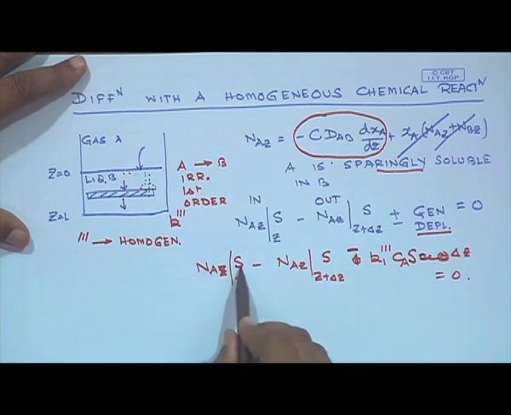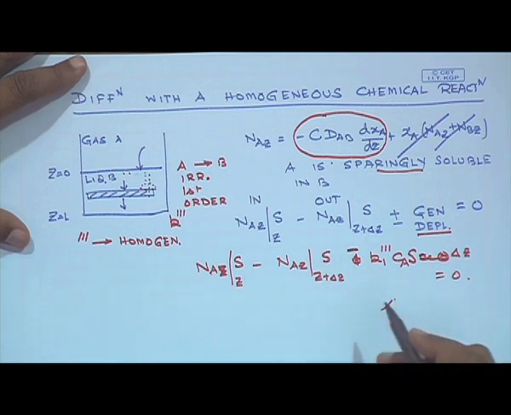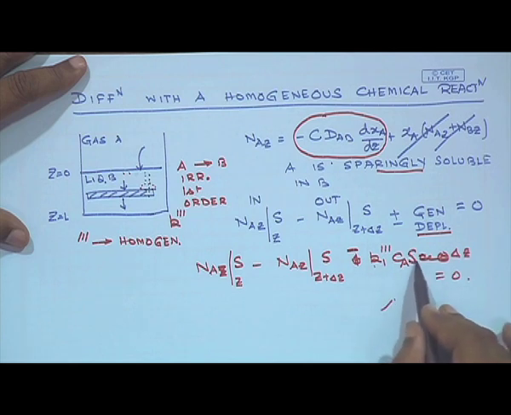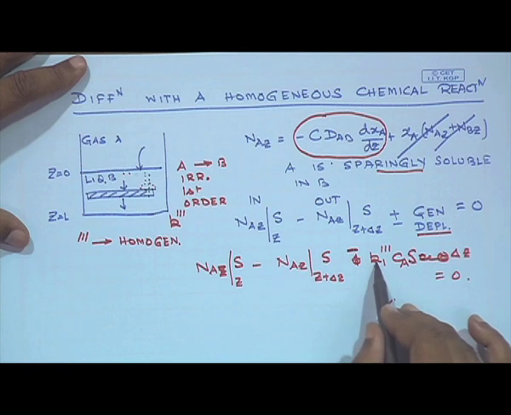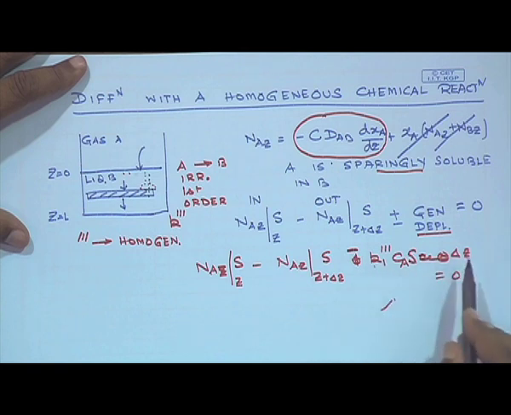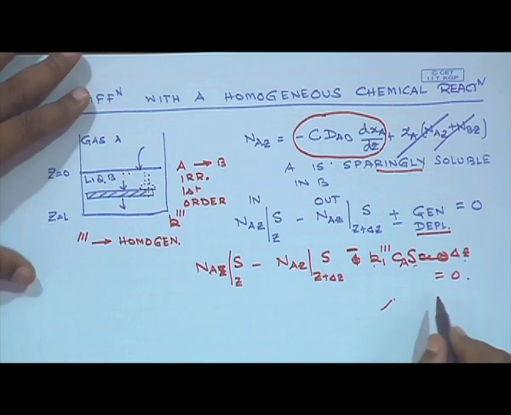So, N_Az times S, and the reaction that is taking place by first order, you multiply it with the volume. This is the reaction rate constant on a volumetric basis, so you multiply it with the volume to make it into moles per unit time.